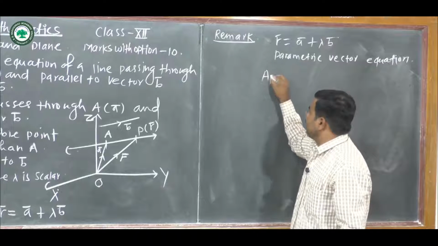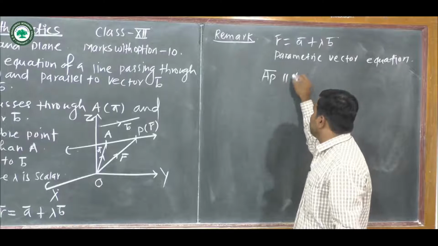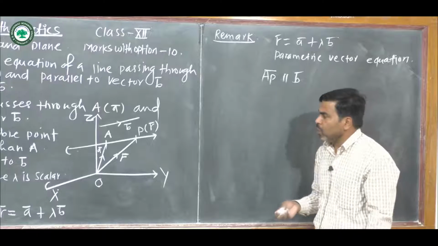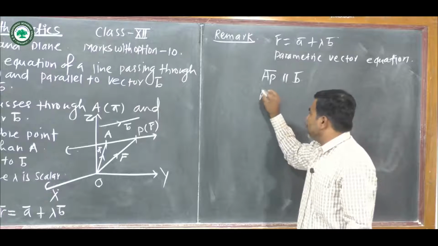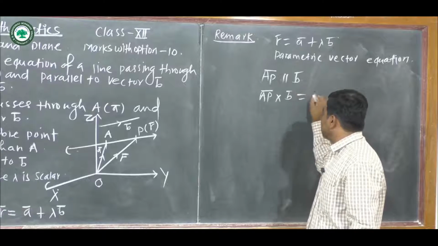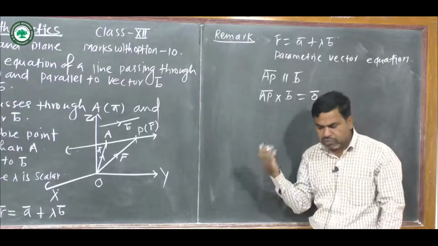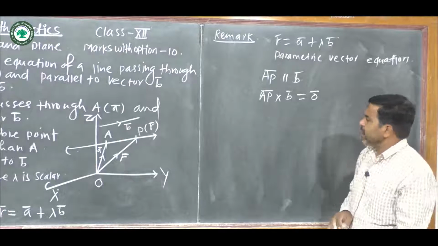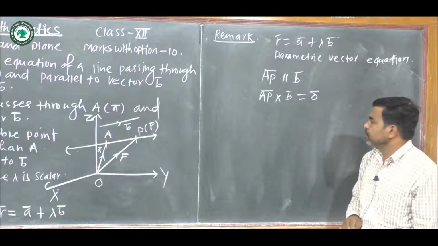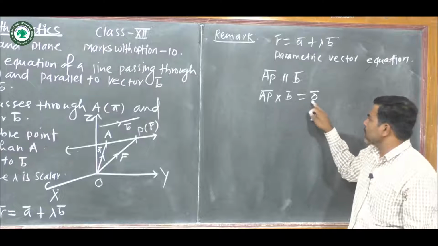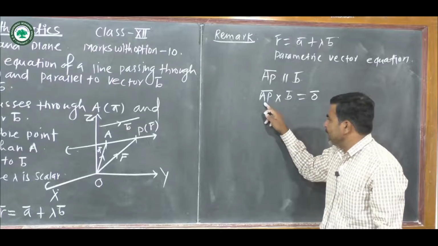Also see in the next remark, vector AP is parallel to vector B. So AP bar is parallel to B bar, means AP bar and B bar are collinear. So therefore AP bar cross B bar is equal to 0 vector, because we know that if any two vectors are collinear, then their cross product is 0. But what is AP bar?